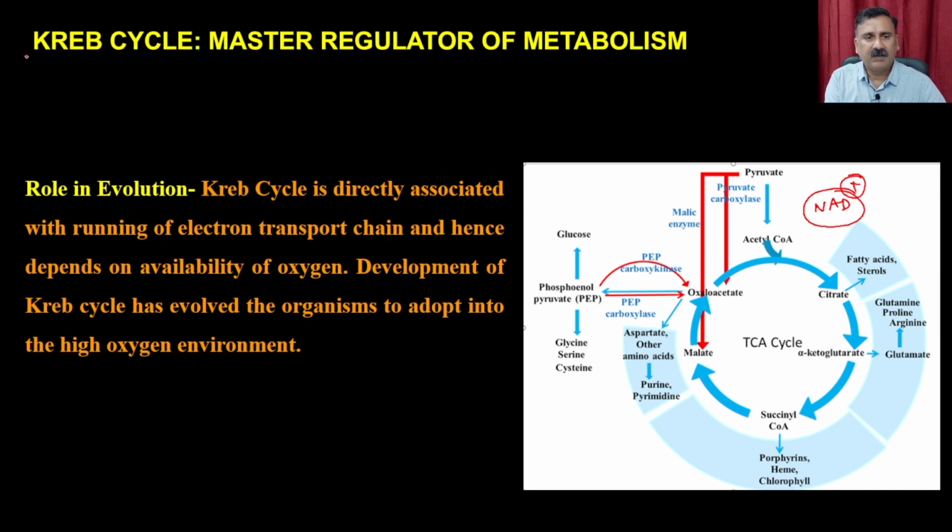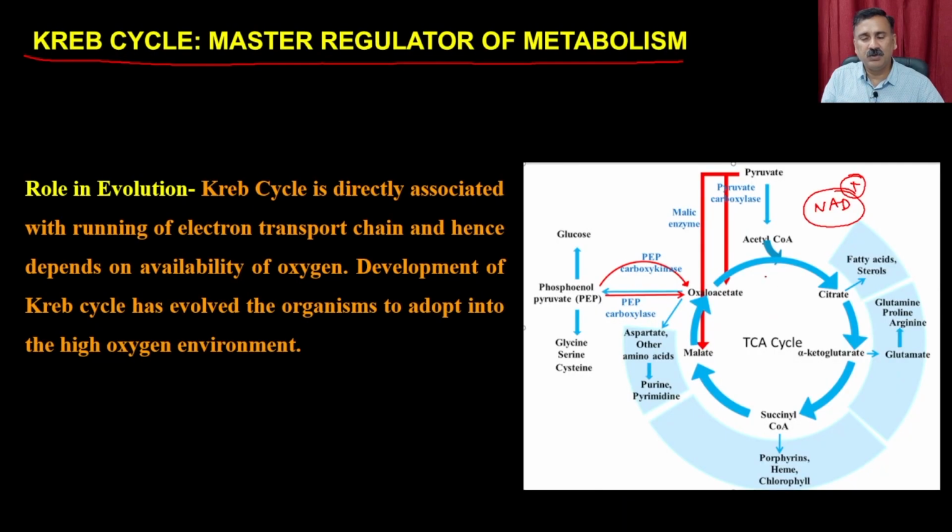apart from being a master regulator of metabolism, the Krebs cycle also plays a very crucial role in evolution, because evolutionarily, the Krebs cycle was not present in lower organisms such as bacteria.